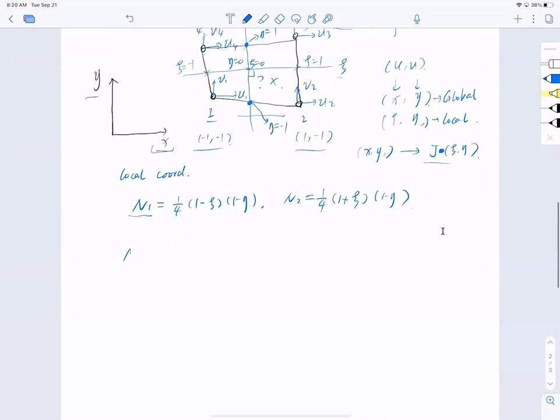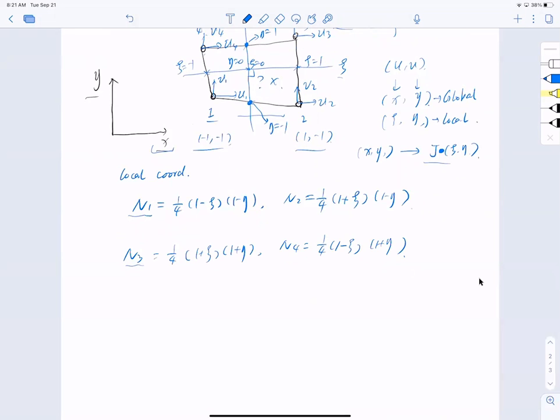And N3 equals 1/4, (1 plus Xi)(1 plus eta). And N4 equals 1/4, (1 minus Xi)(1 plus eta). Now these are my shape functions.